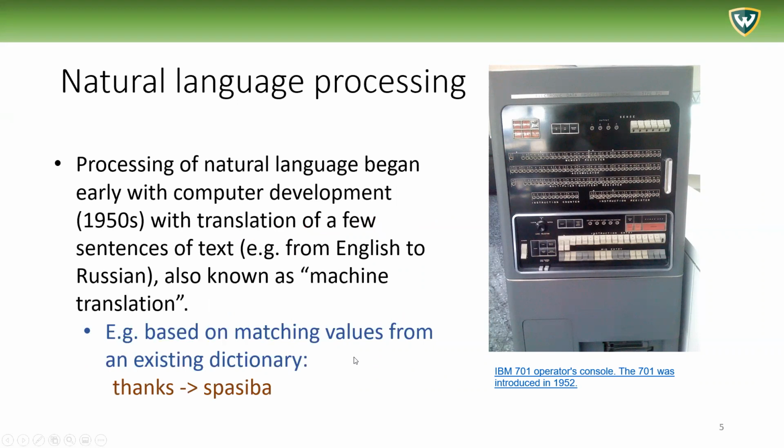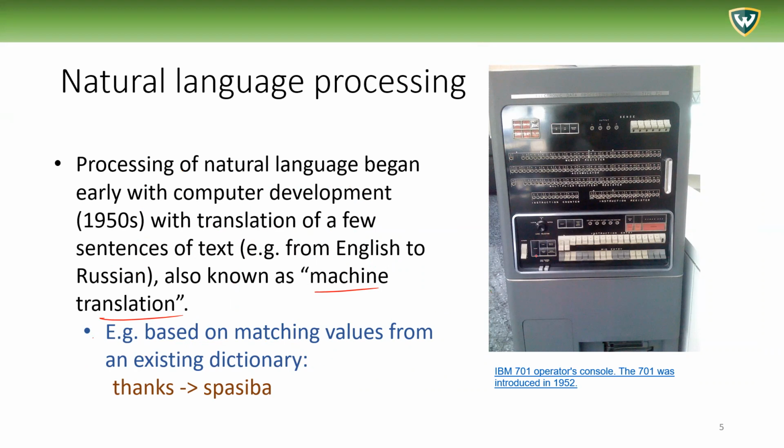So natural language processing actually began early with computer development, with translation of a few sentences of text. And there's the famous example when they're trying to do this so-called machine translation of a few sentences from English to Russian. In the early days, this was based on matching values from an existing dictionary.